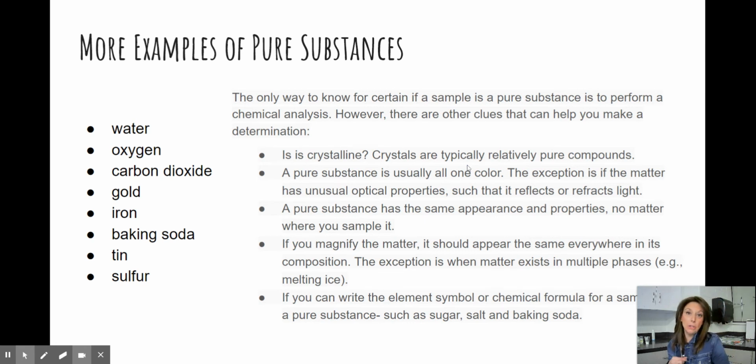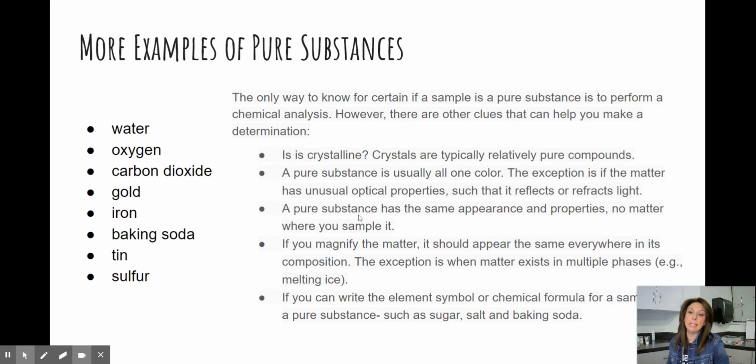The only way to know for certain if a sample is a pure substance is to perform a chemical analysis. However, there are some clues that can help you make a determination. Is it crystalline? Crystals are typically relatively pure compounds, like sugar or salt. A pure substance is usually all one color. The exception is if the matter has unusual optical properties, like it reflects or refracts light.